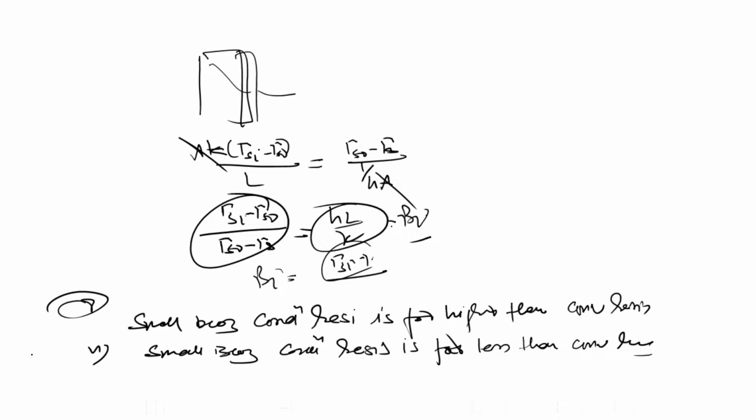Because when the conduction resistance is negligible, there is no temperature difference. More temperature difference, more resistance. Less temperature difference, less resistance.